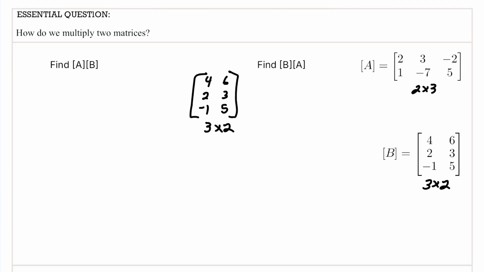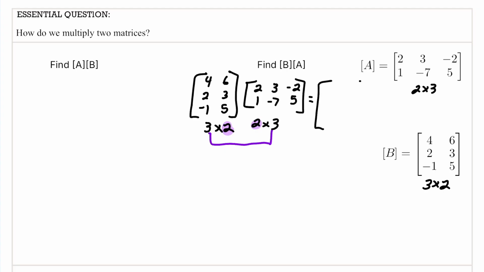And then we've got 2, 1, 3, negative 7, negative 2, 5. That is a 2 by 3. So now the insides match. The outsides determine our dimensions. So we're going to end up with a 3 by 3.